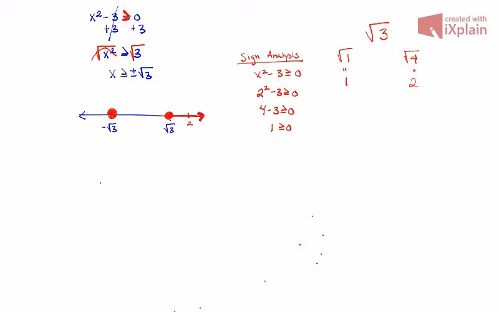That being said, I can do the same thing on the left side of negative root 3. If I use, instead of a positive 2, a negative 2, because negative 2 is going to be found somewhere out here, and I were to perform the check, I would still get negative 2 squared as a positive 4. And I get a true statement again. So I would be able to shade this area.